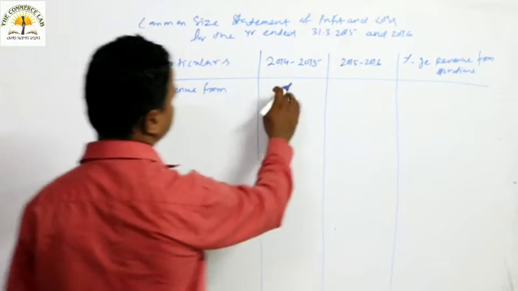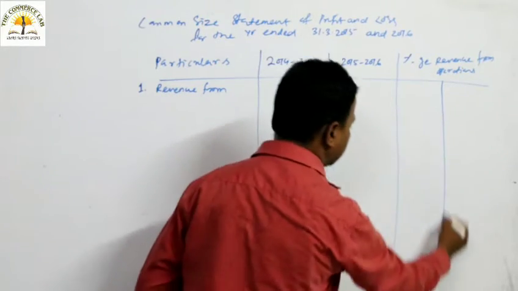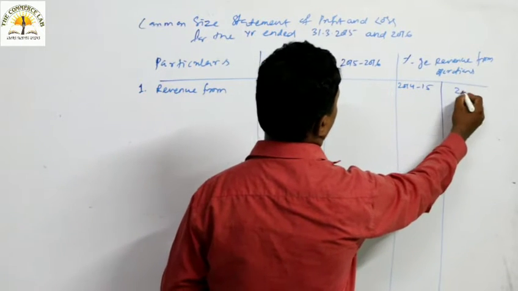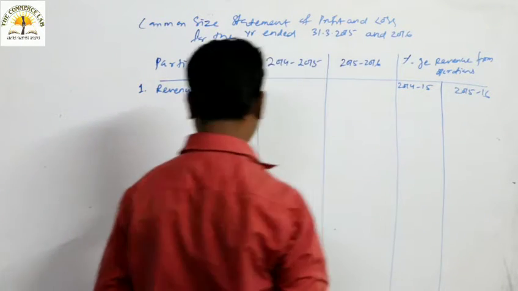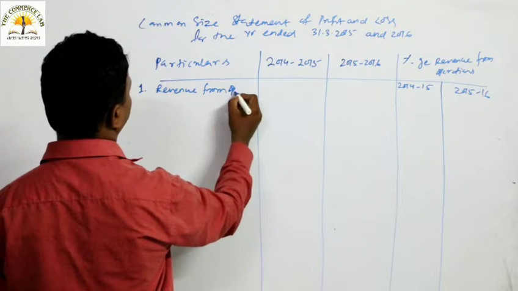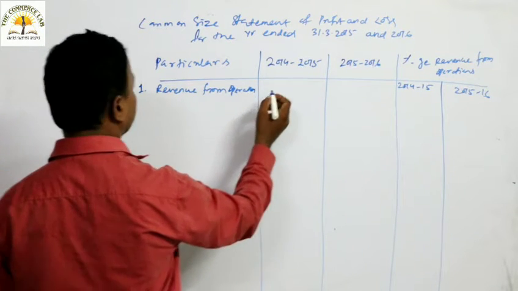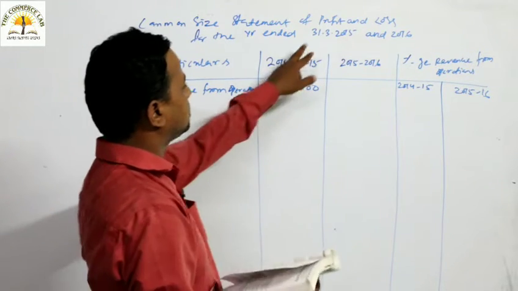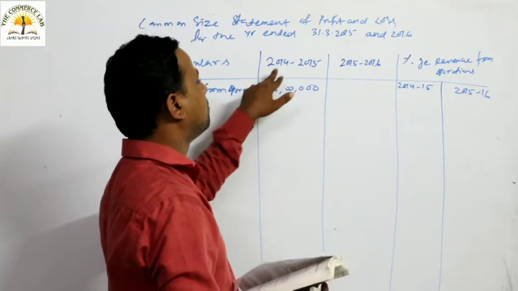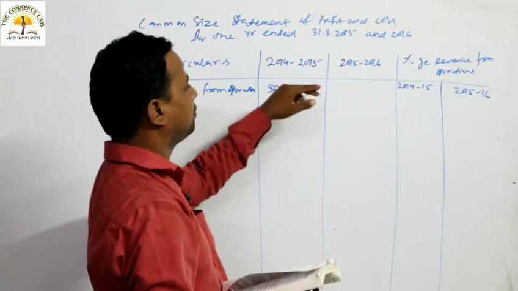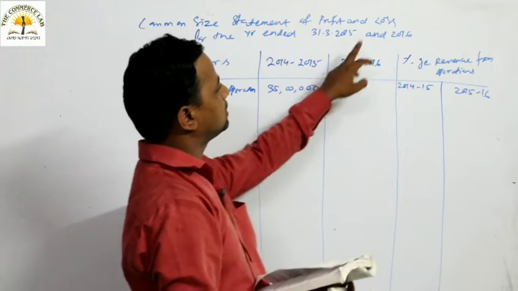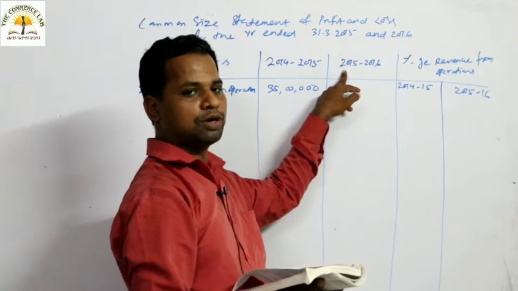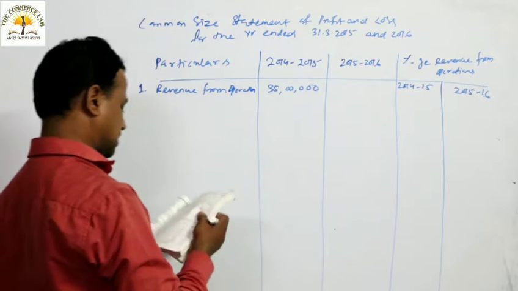Similarly, in the percentage column, two things will be there, 2014-15 and 2015-16. The first item is revenue from operation, that is 35 lakh given in the question. 31st March 2015 means from 1st April 2014 to 31st March 2015, and 31st March 2016 means from 1st April 2015 to 31st March 2016.